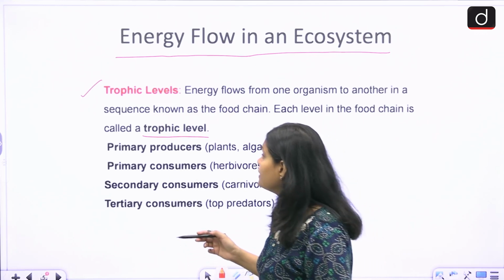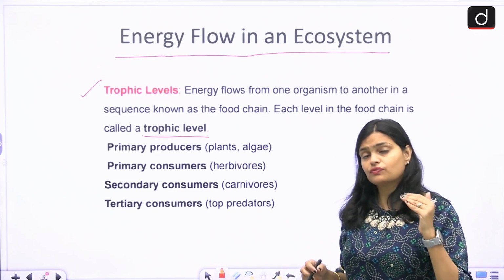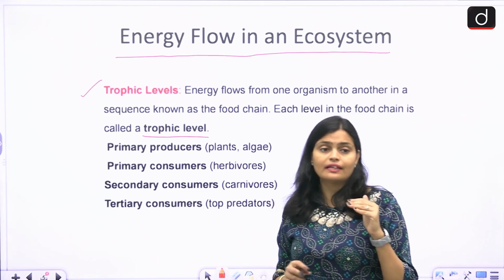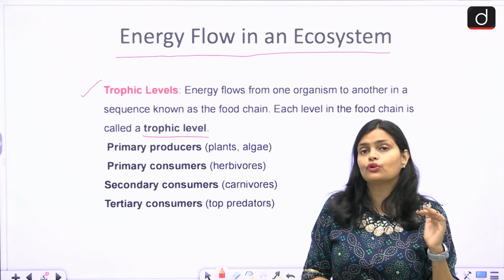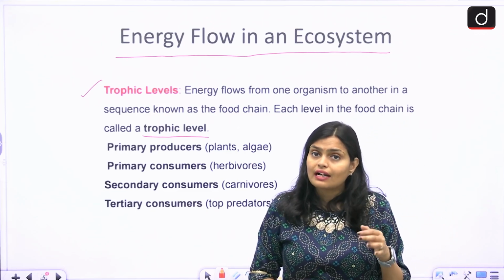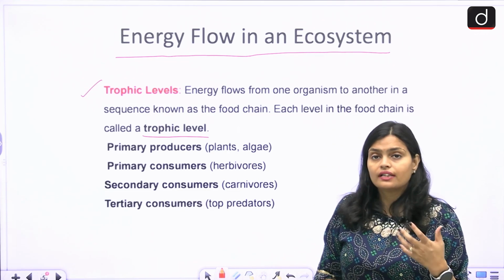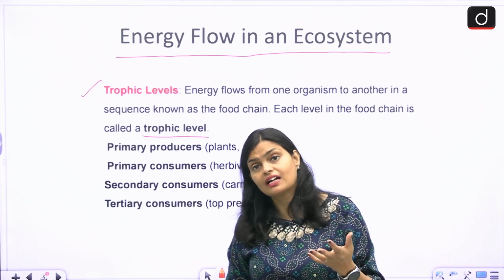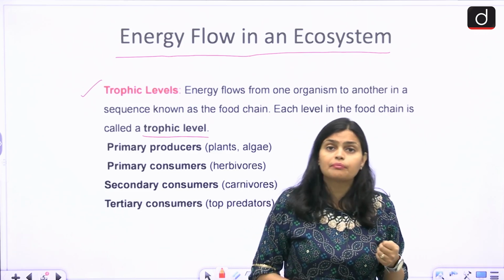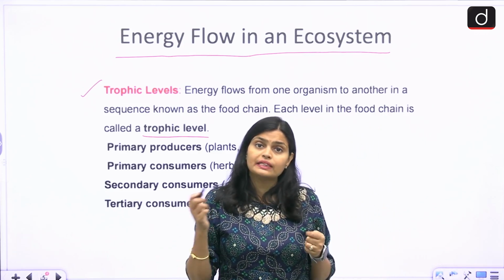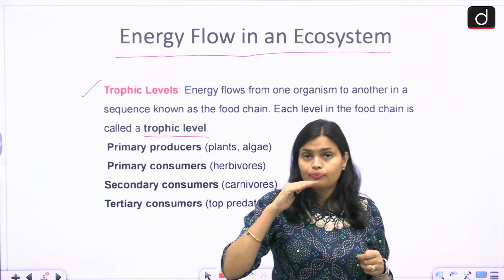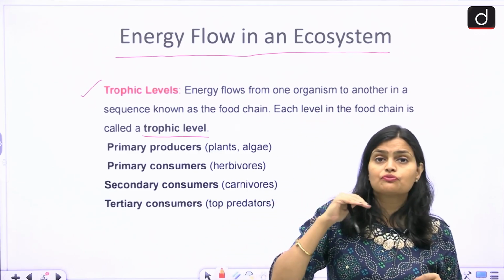Similarly, whatever levels we have in the food chain, grass is an autotroph, a producer, a plant which photosynthesizes and prepares food. Then the grasshopper eats those producers. So the grass becomes the first level.